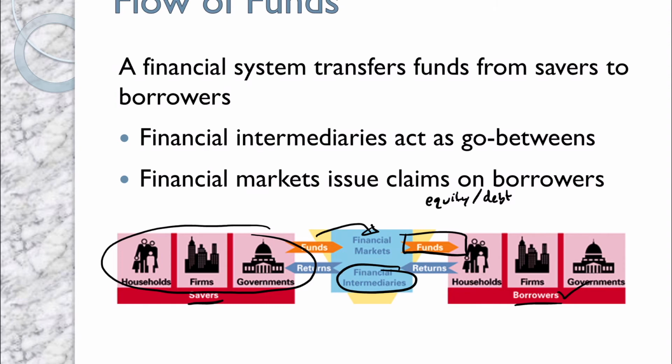They invest these funds, they start earning profits, or they're making their interest payments, and the returns on these are then sent back to the savers. This area right here is the financial system. The financial system is composed of financial intermediaries, which often includes financial institutions, and also financial markets.